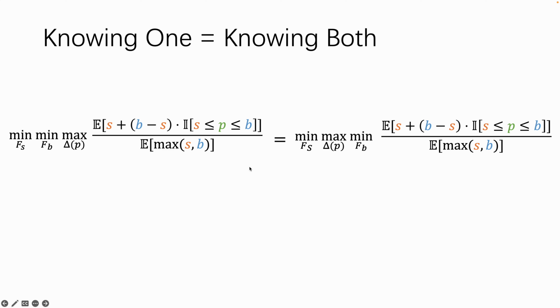So what we need to do is to prove this equation, and it looks quite true intuitively, because we are just exchanging the order of min and max here, so this looks like a simple application of the minimax theorem. However, we cannot directly get an equation here because of two reasons.